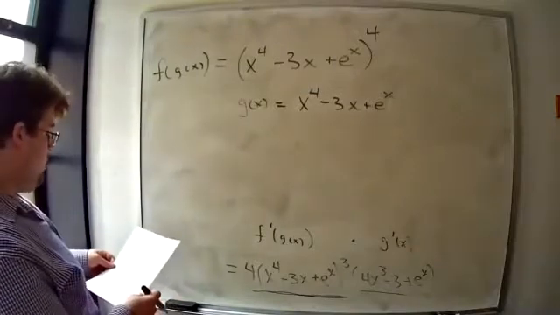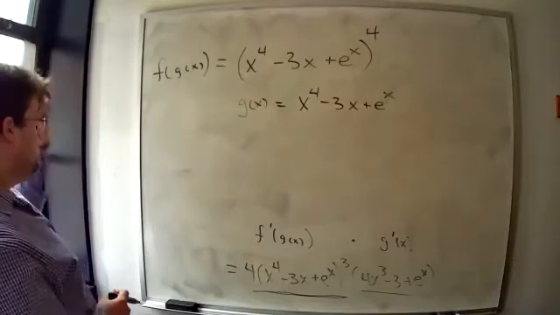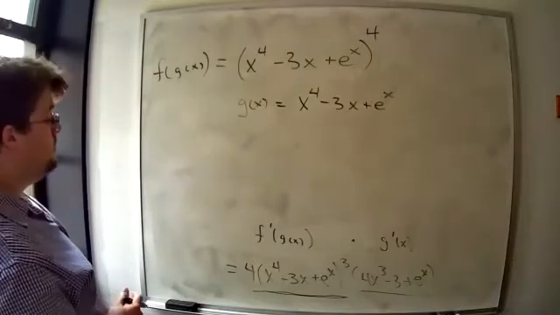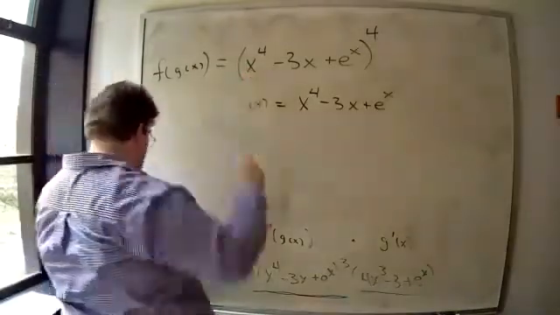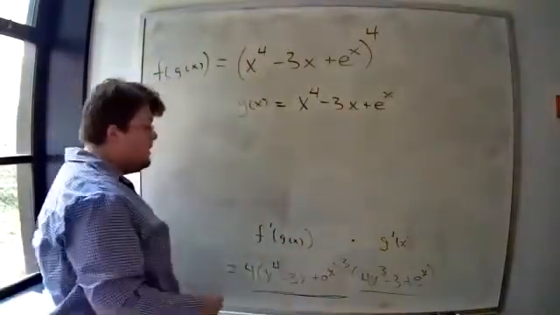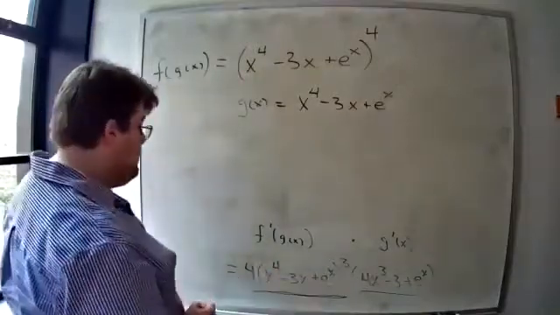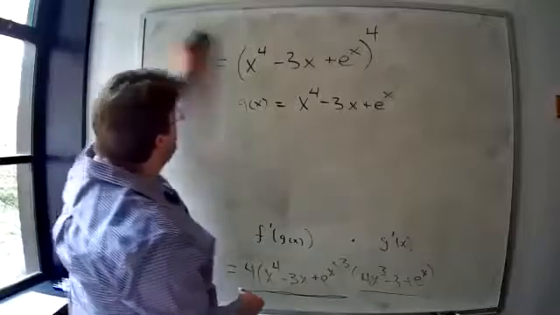Any other questions about this one? So we'll notice here we had a function to the fourth, and its derivative was 4 times that function to the third, and then times the derivative of that function.